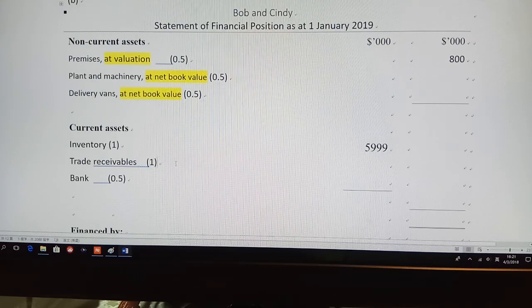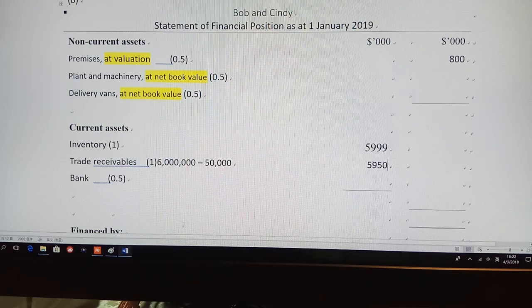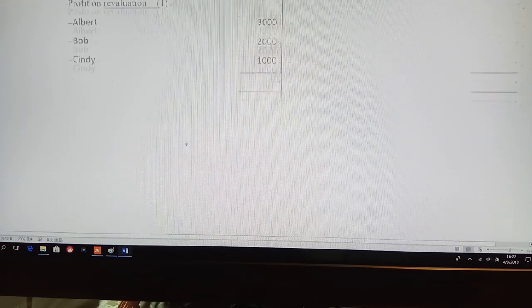So the figure would be 6 million minus 50,000. You should ignore these thousands figures. It should be 5,950.